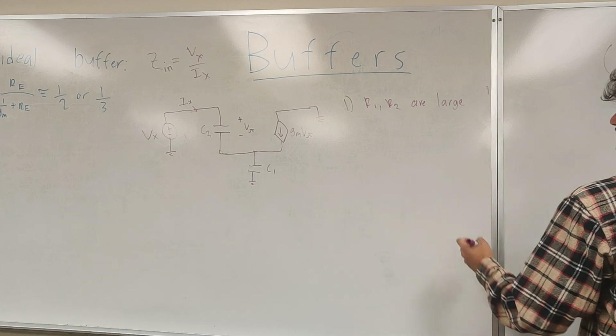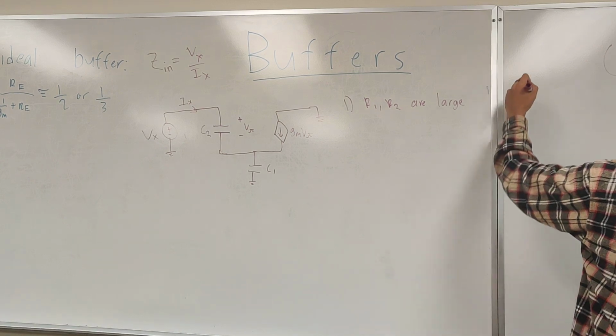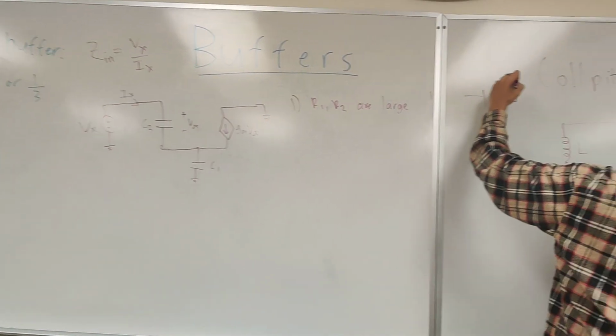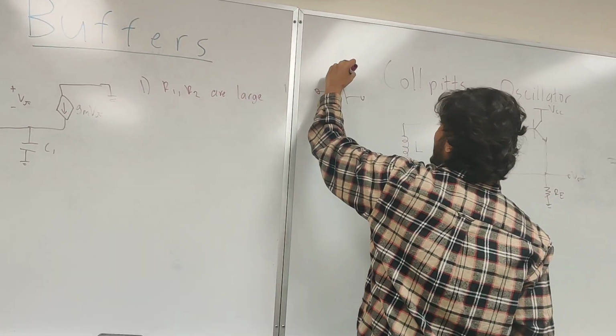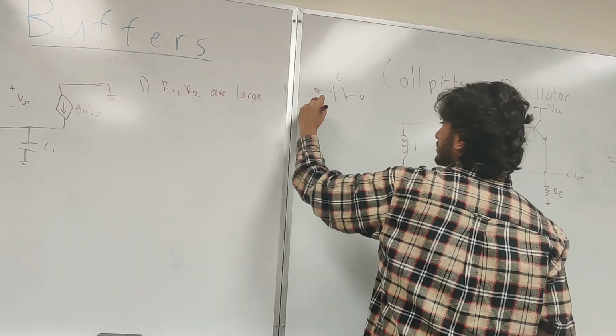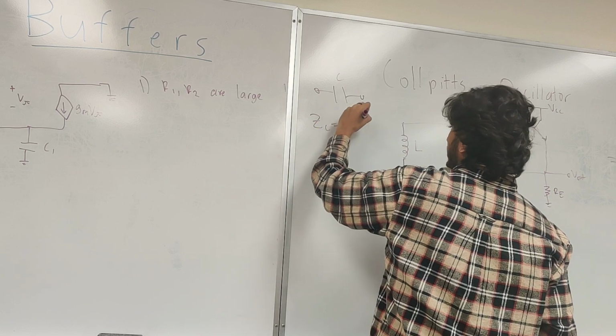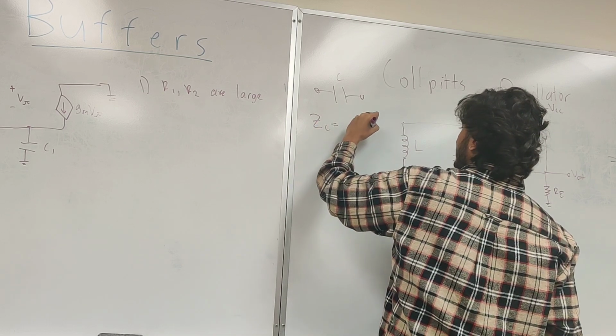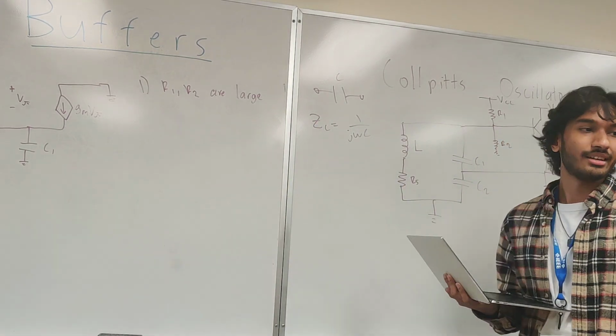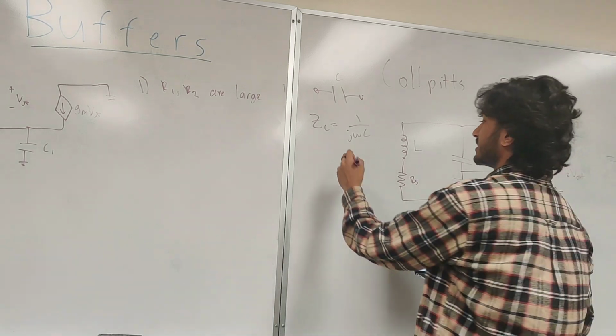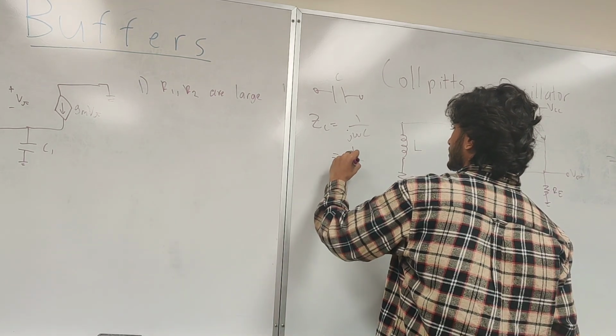So what's the best place to be doing this? I'll do it over here. Okay, so this is some capacitor C. The impedance of this capacitor is 1 over jωC. Everyone knows that. In the Laplace domain, this is 1 over sC.